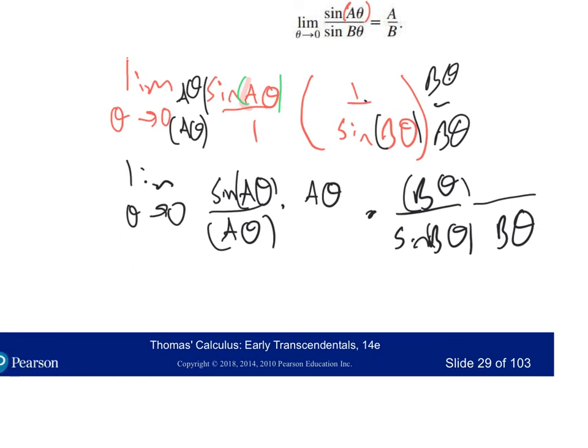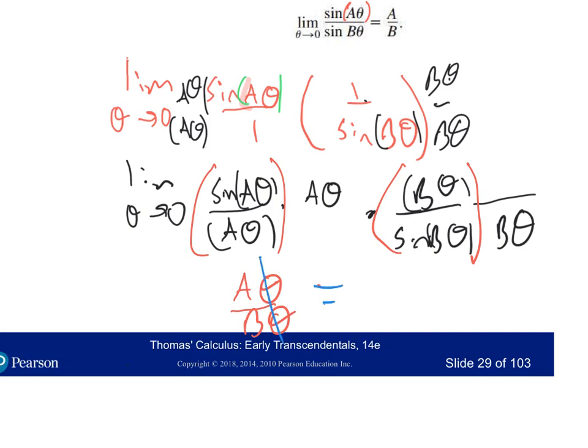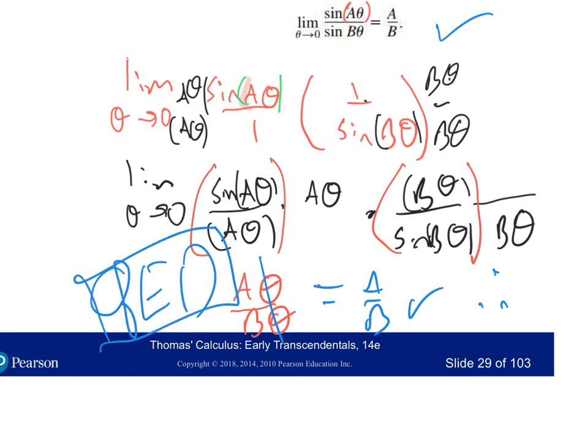Now, if you look carefully, this limit goes to 1. What am I left with? A theta times this, which goes to 1. What am I left with? A b theta in the denominator. What cancels out? Theta over theta. It equals a over b. So I proved it. Boom, boom, boom. It's been proven, or people go Q.E.D. It's Latin for proven.